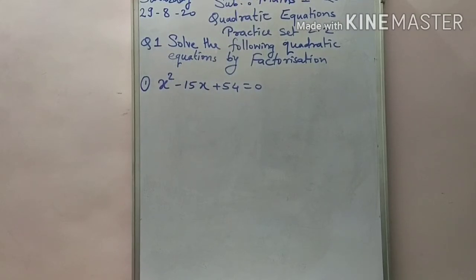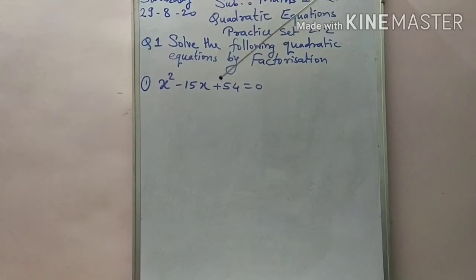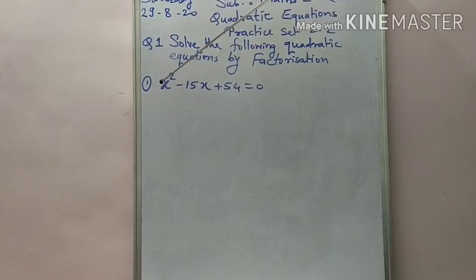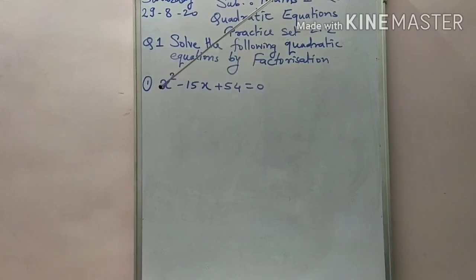Okay, so the method is what we do here: the constant term is 54, and we multiply this 54 with the coefficient of the square term. The square term means x square here, and the coefficient of x square is not given, so we consider it as 1. So 54 into 1, the product is 54.